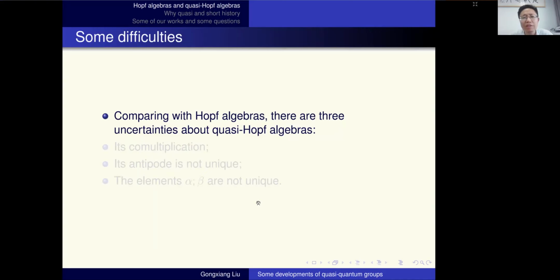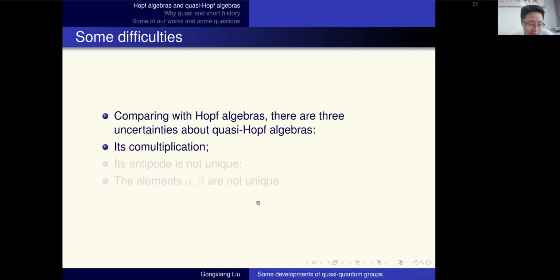Comparing with Hopf algebra, there are three uncertainties for us about quasi-Hopf algebra. At least we can say that its co-multiplication is not so unique, because as I told you, classification of quasi-Hopf algebras is usually up to gauge equivalence.